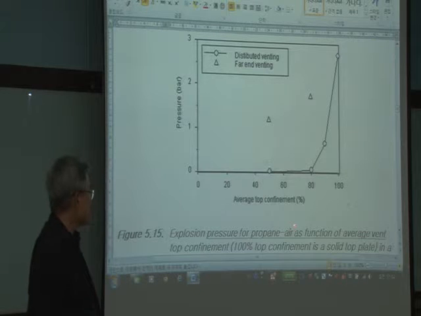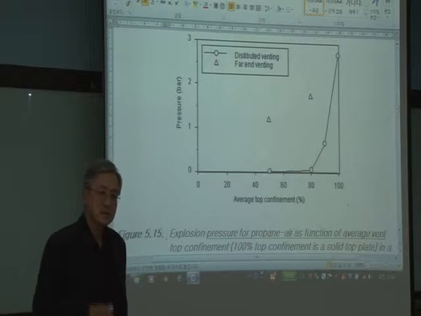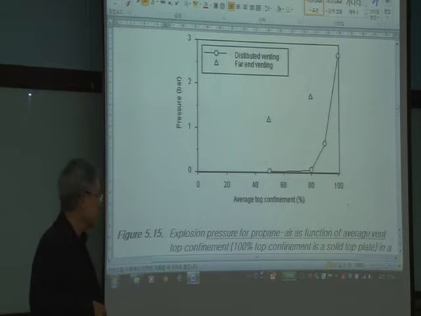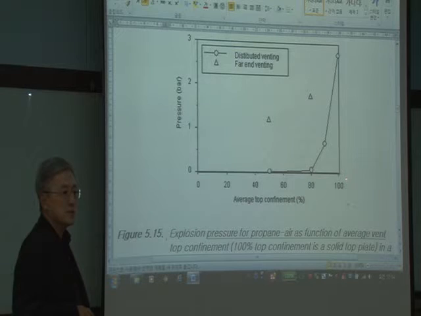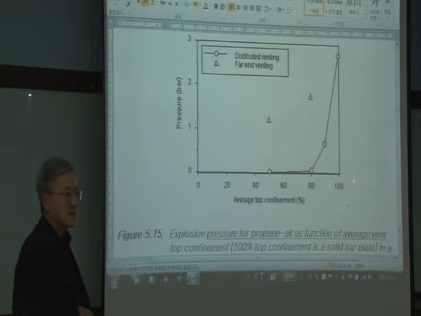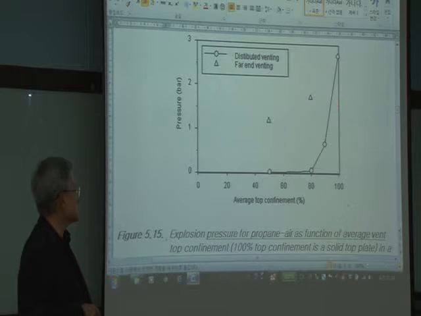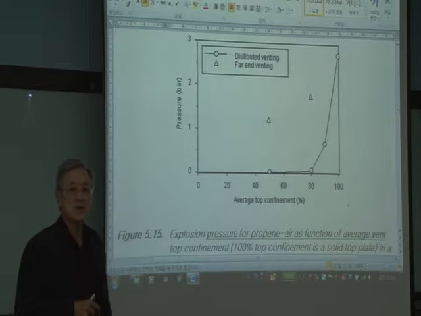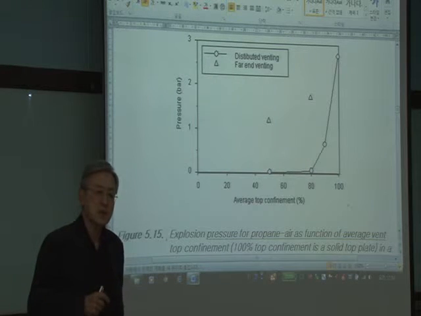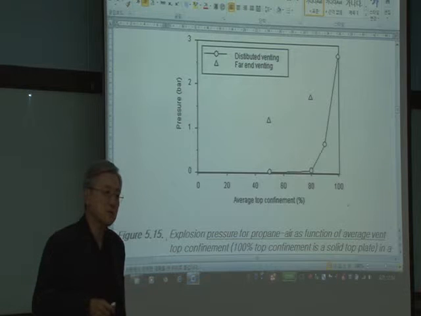Up to 80% confined, which means not many holes, the pressure relief is really, really good. That's what this graph really shows. When you really remove all those ventilation holes, then you will have to be careful.